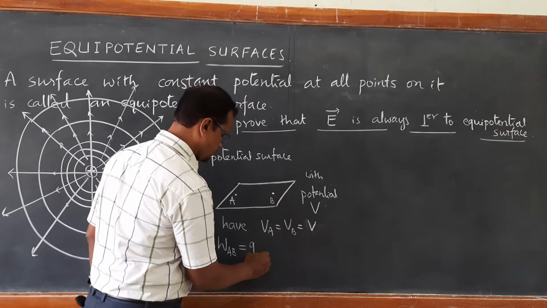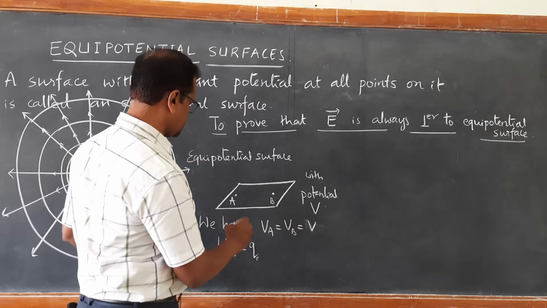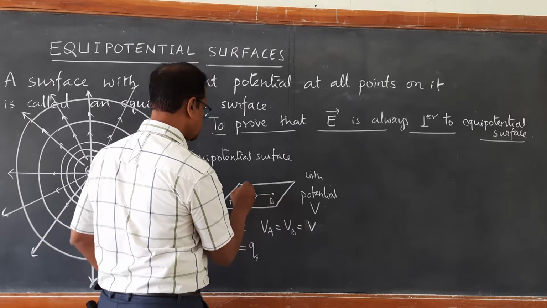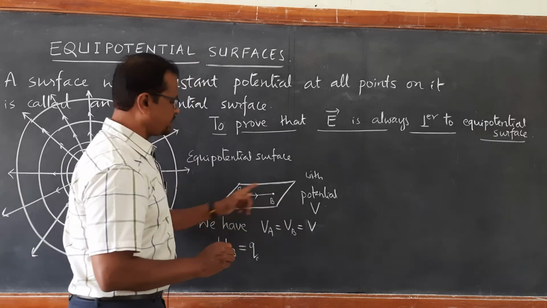Let us say Q naught is the test charge which is being moved from A to B.